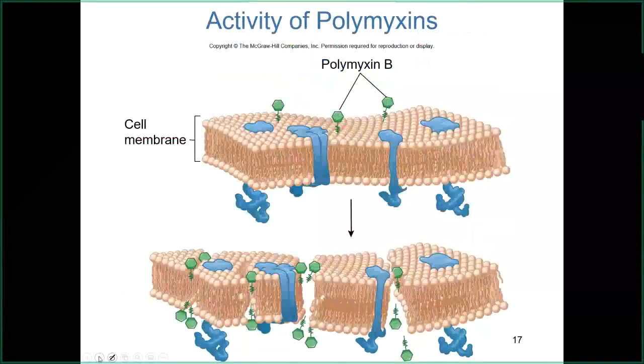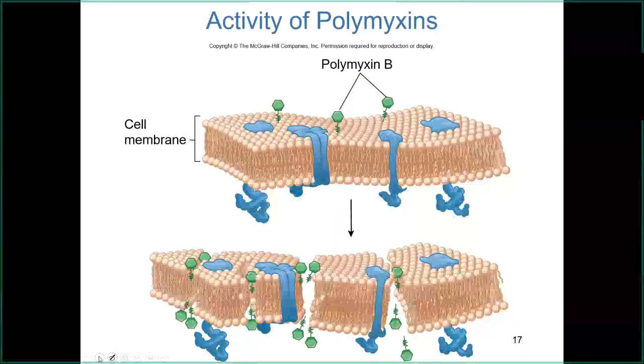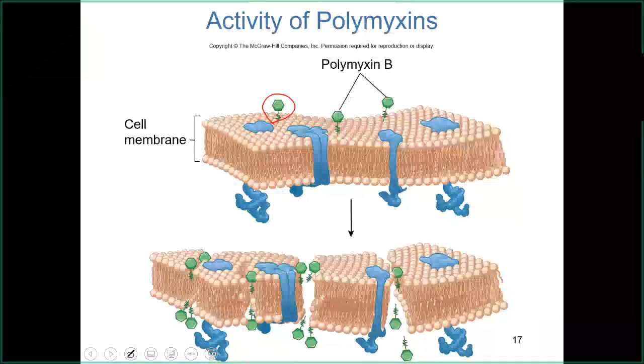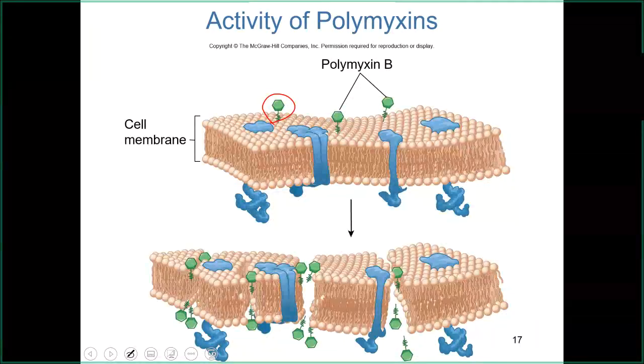So this shows what polymyxin B does, essentially as a surfactant. You can see it's characterized here by this little ring with a little side group hanging off of it. I don't know that that's what it really truly looks like, but anyway, you can see it going in and complexing with the phospholipids in the phospholipid bilayer, and ultimately that leads to the disintegration of it.